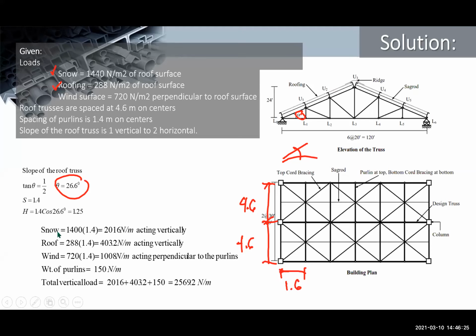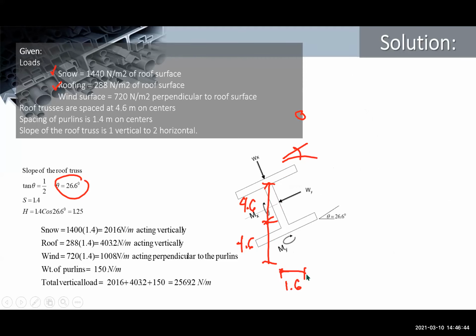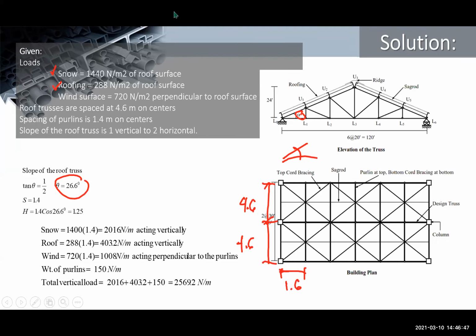So, how did the computation come about? Since what was given to us is Newton per meter square, or surface area, if you recall, this is 1.4, sorry, not 1.6.